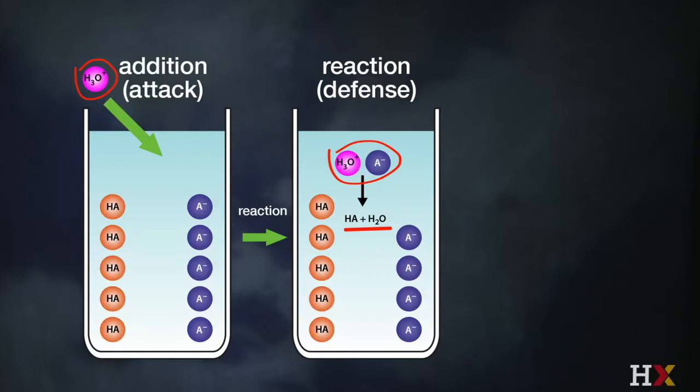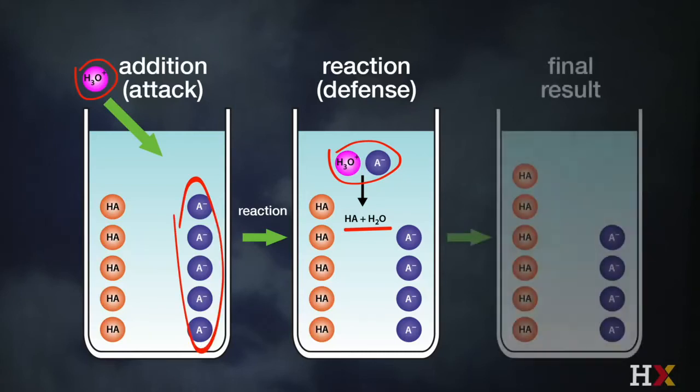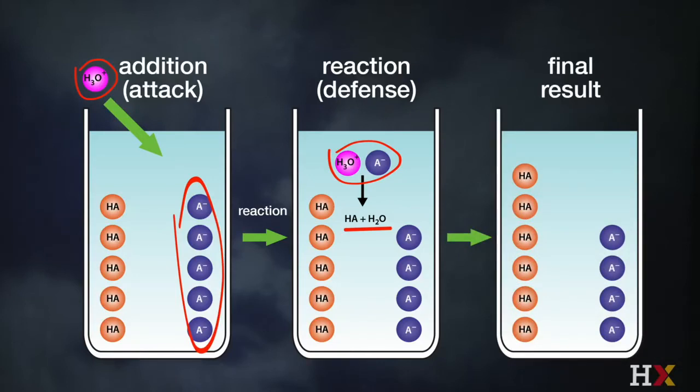And this is where the defense of the intrusion by the acid becomes very important and is protected by the initial concentration of the anion of that weak acid. So when that reaction is executed, the H3O+ reacting with the anion produces the acid and a water molecule, the other product.